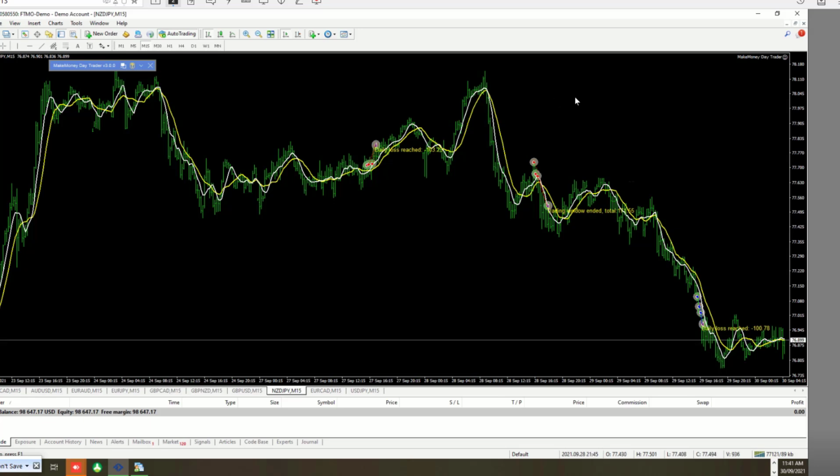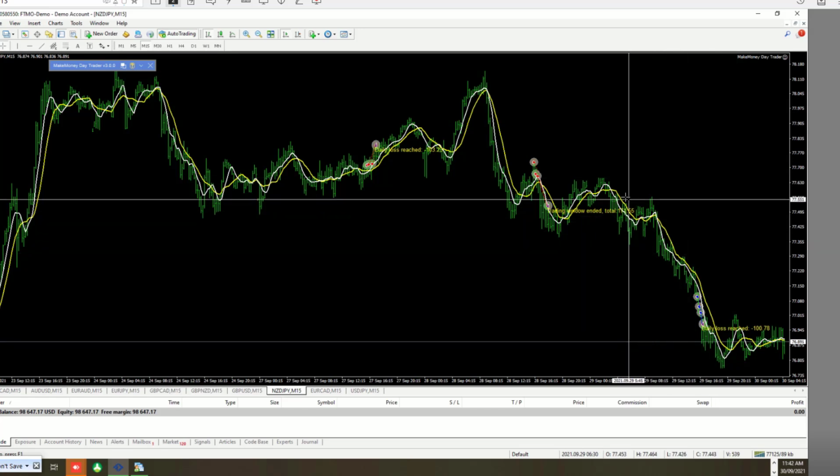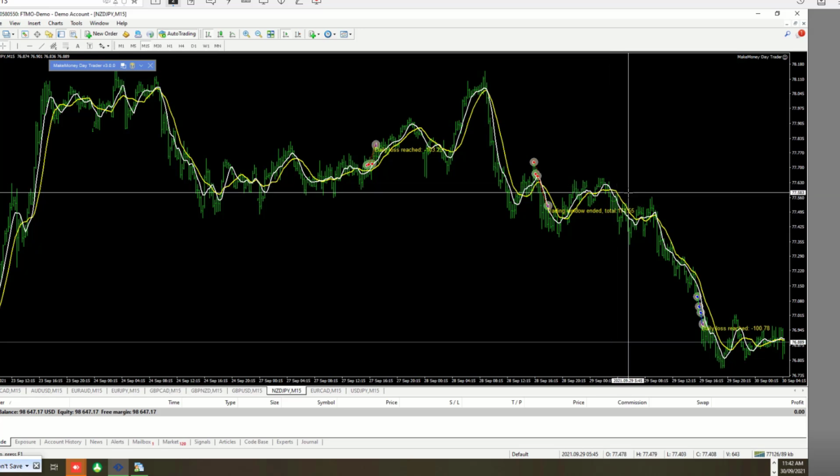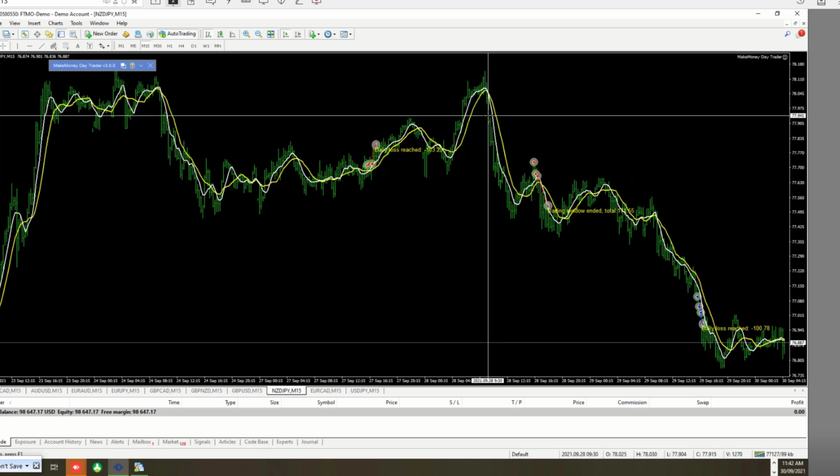So let's have a look at some of the nice trends. There are quite a few very nice trends that have happened here. Let's go and find when they started. So that was 10 o'clock. That particular long trend that went down there, that was 3 o'clock in the morning. That trend over there, definitely one we want to catch.